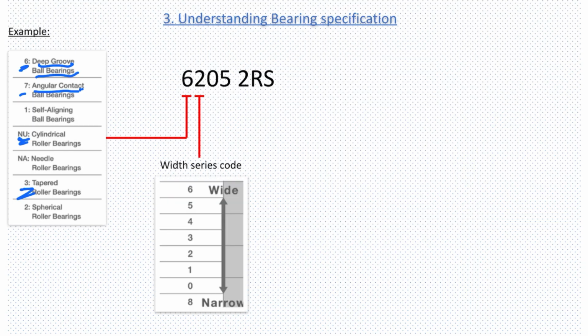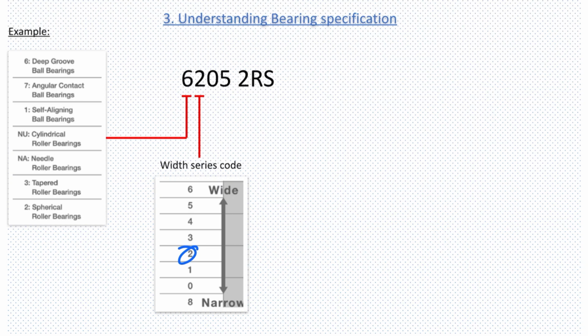The second digit denotes the width series of that particular bearing. Like 3 means some other width, 4 is maybe a little wider than 3, and 0 and 8 are narrow width bearings.